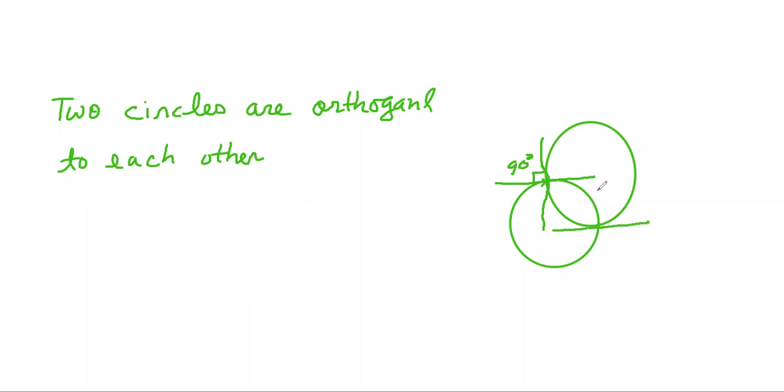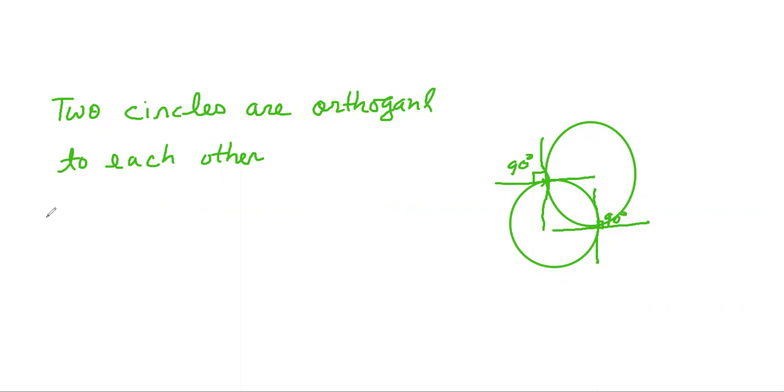If you draw the tangents at the point of intersection, the tangents make 90 degrees to each other. So two circles are orthogonal to each other means they cut each other at 90 degrees. At the point of intersection, the angle between the tangents is 90 degrees.